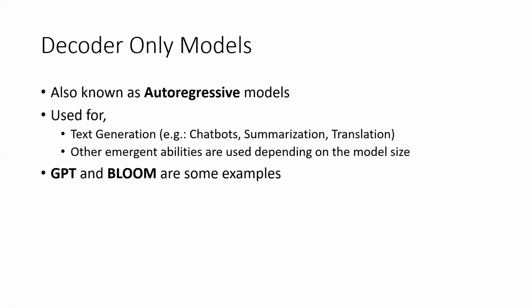Some of the open source decoder models available are GPT and BLOOM. One of the open source GPT models was used by OpenAI to develop its chatbot, ChatGPT.